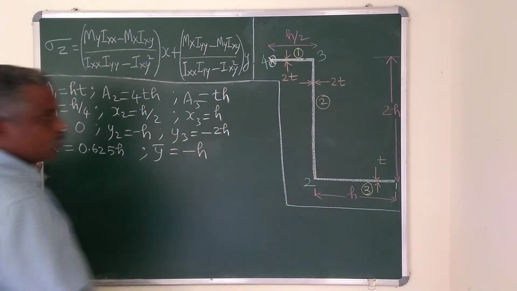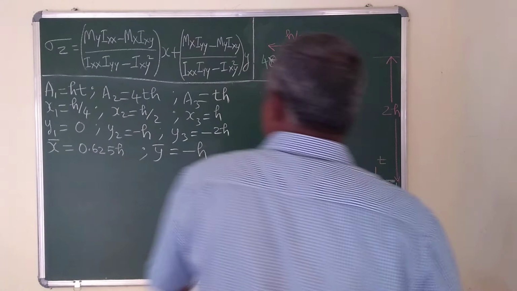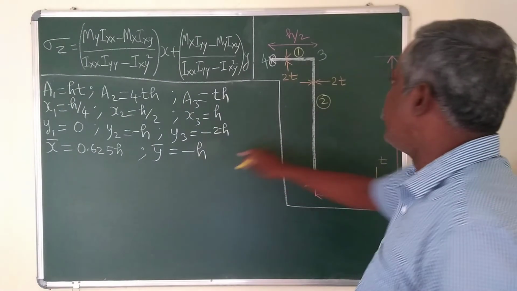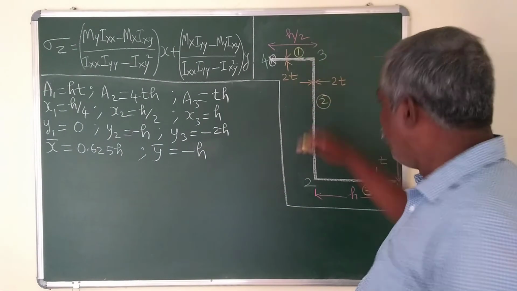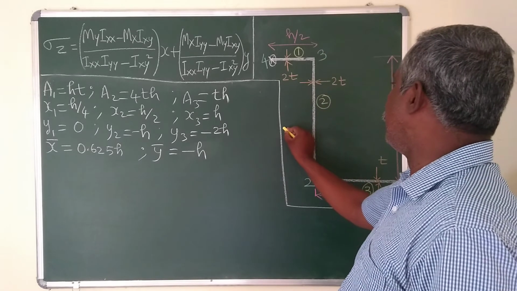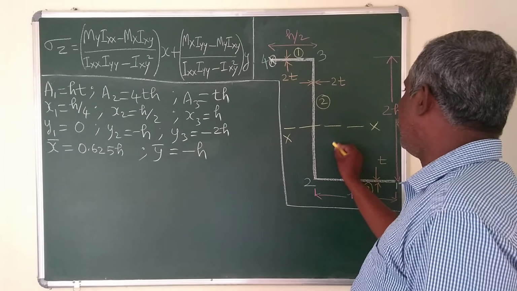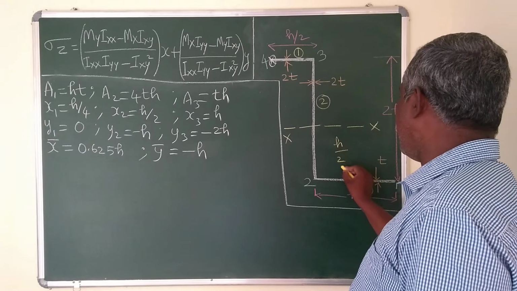Now let us locate the centroidal axes. Y bar is equal to minus h, so below the reference point 4, at the web height, your x axis is located at a distance of h by 2.